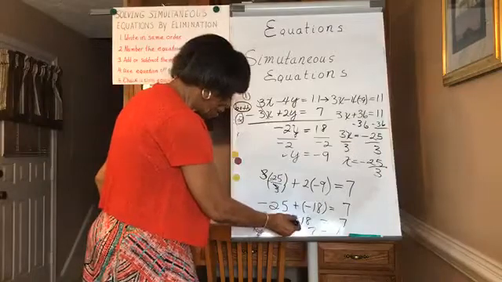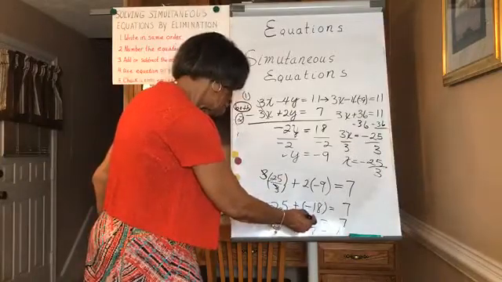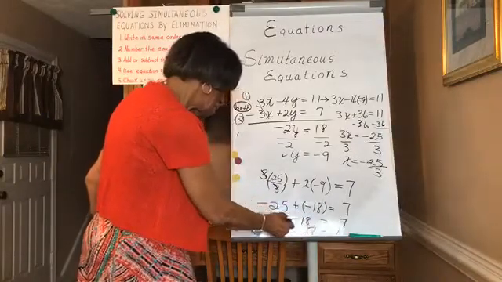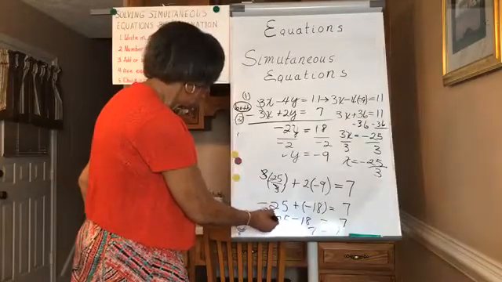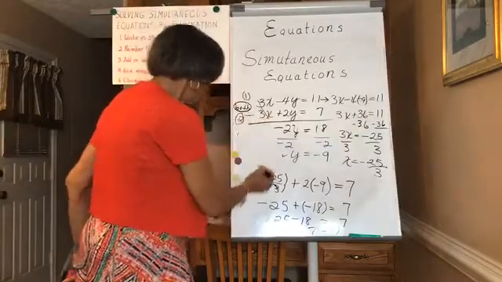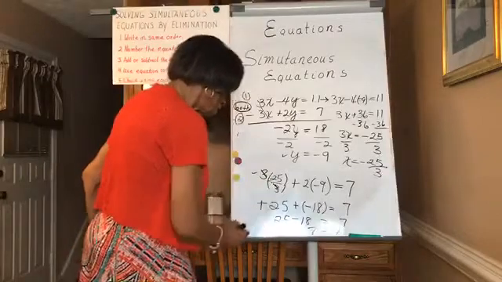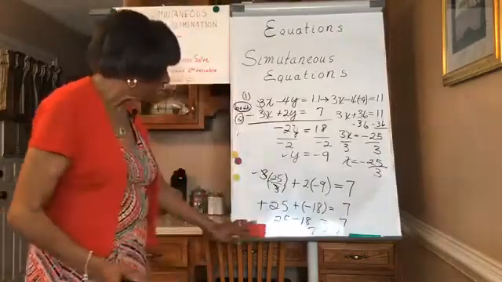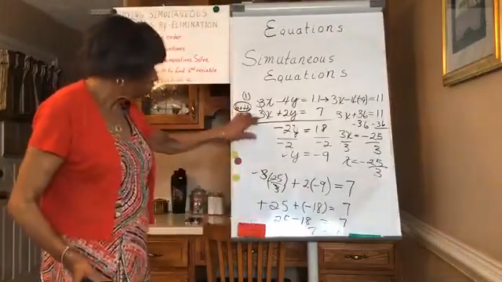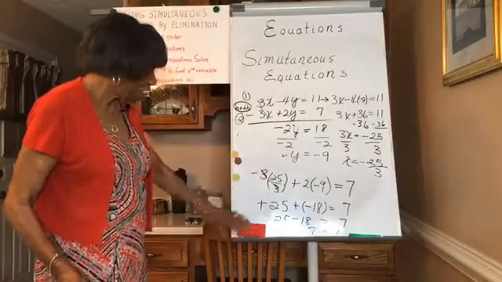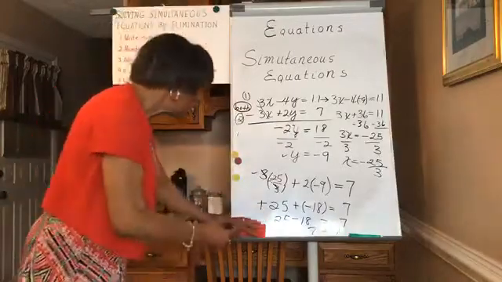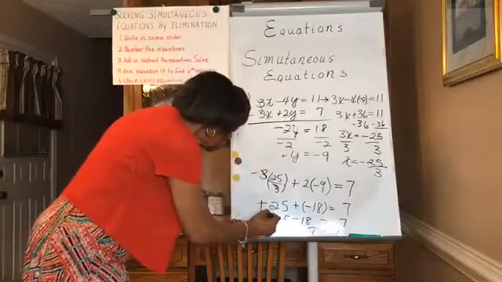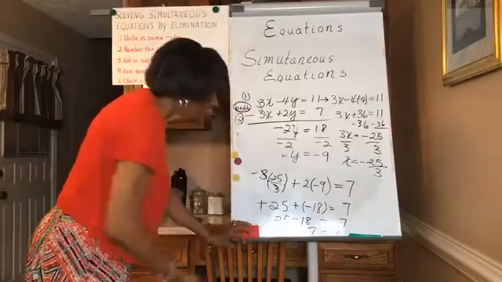Because negative 25 minus 18 is not 7. All right, because this was negative. That's it. Okay, I left off a sign. This is negative 3x. And that's negative 25. All right, so that's plus 25 minus 18 is 7.